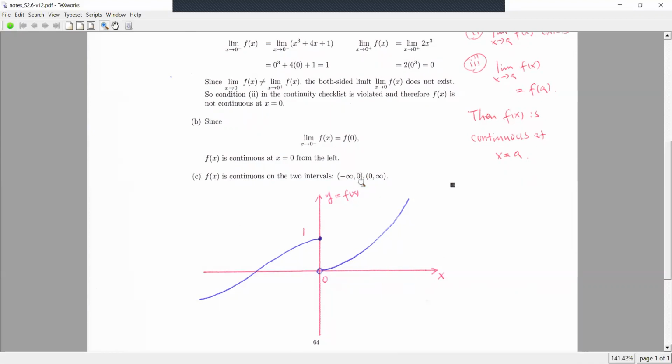A square bracket means including 0. Then the second interval is 0 to infinity. At 0, the function is not continuous from the right, so I place a parenthesis here. A parenthesis means excluding the point 0.